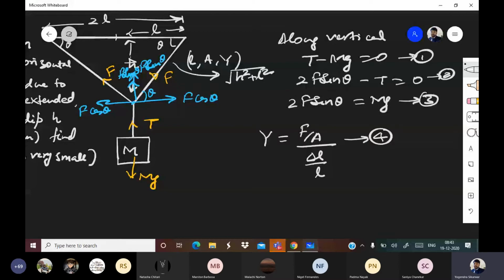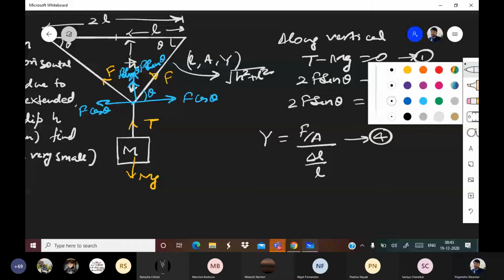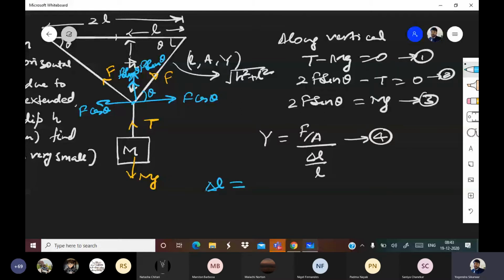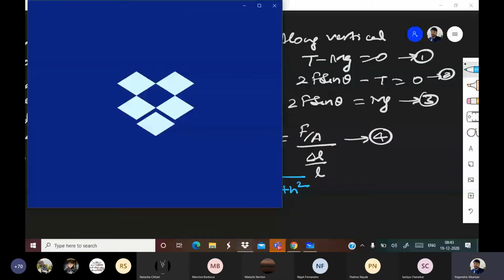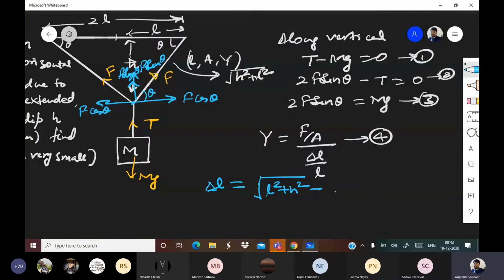So delta L will be under root of L square plus h square minus L, because this under root of h square plus L square is the length of the hypotenuse and this is the final length of the wire after stretching.